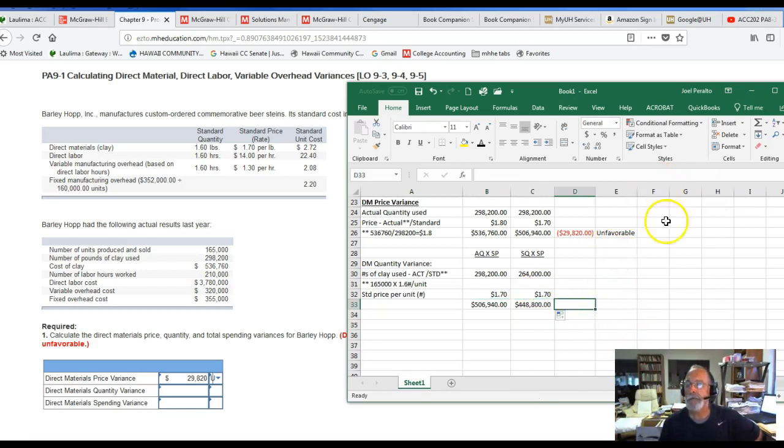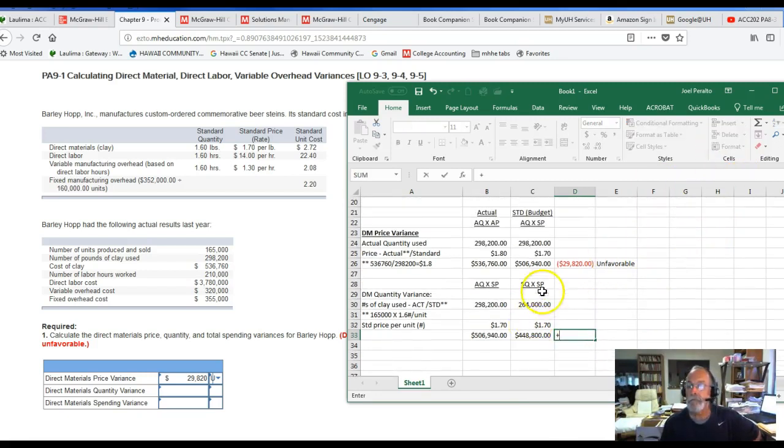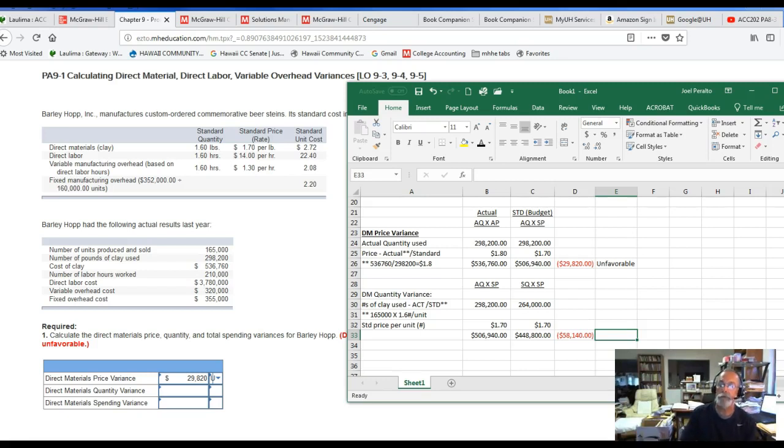I'm a little confused here. I believe we did plus minus. I believe this is favorable because our actual quantity was more than our standard quantity. I believe this is a favorable variance.